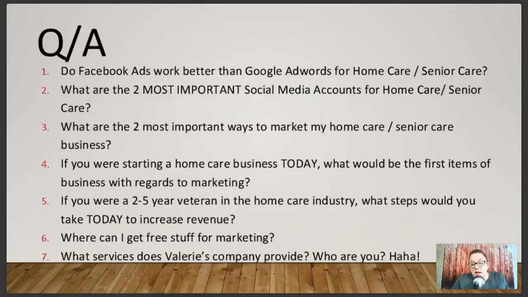Money set aside for a run of business cards and a run of brochures, but I would not spend thousands of dollars on either one of those, because a couple of things are going to happen. Number one, you might change your phone number because you're a startup. You may want to go from using your cell phone to using a real office phone at some point, or your address might change as you have more cash flow, or whatever. The services that you offer may change.